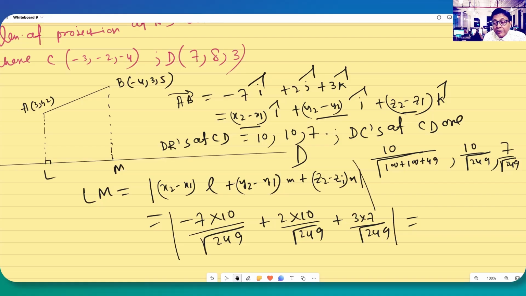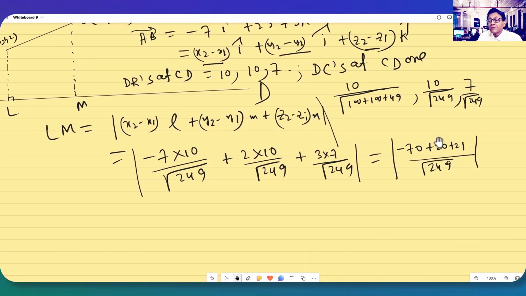The length of projection, the modulus sign will always be there. Please don't forget, because length is never negative in mathematics. So this comes to minus 29 by root 249 mod.